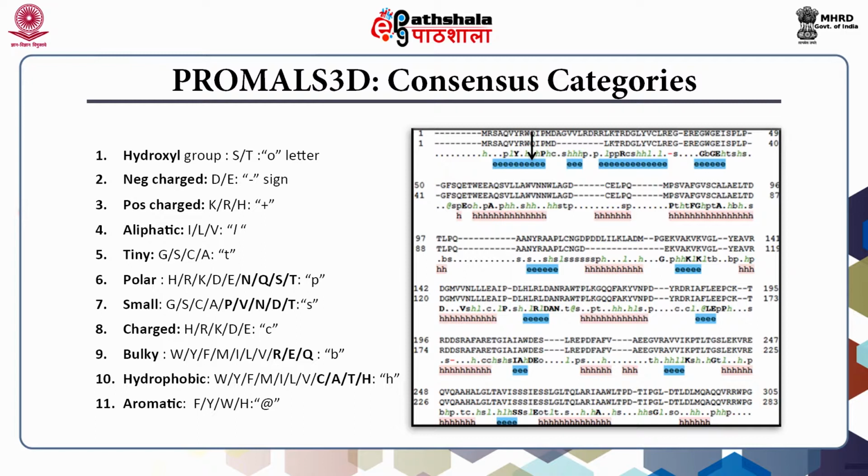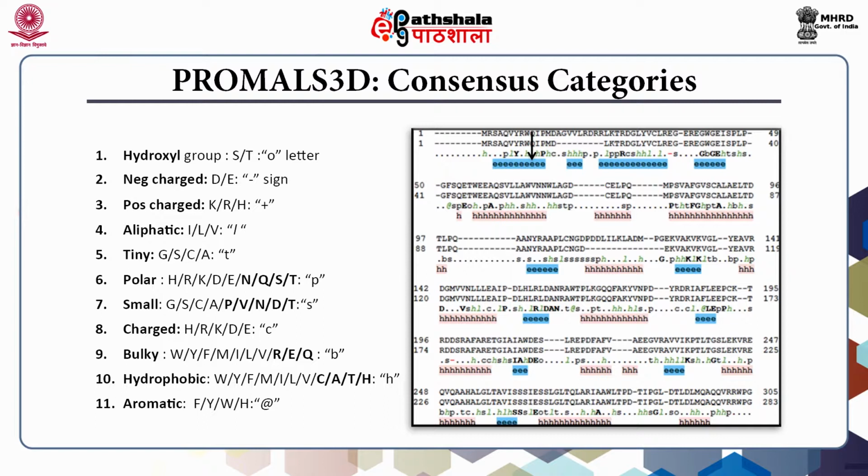The lowercase l in italics indicates the presence of any of the three small aliphatic amino acids, valine, leucine or isoleucine. The conservation of any of the four tiny amino acids, glycine, alanine, serine or cysteine is indicated by lowercase t.